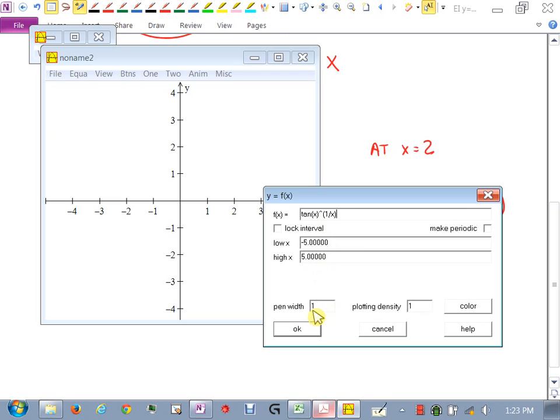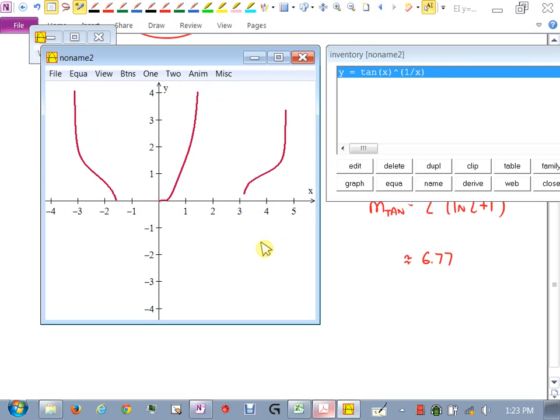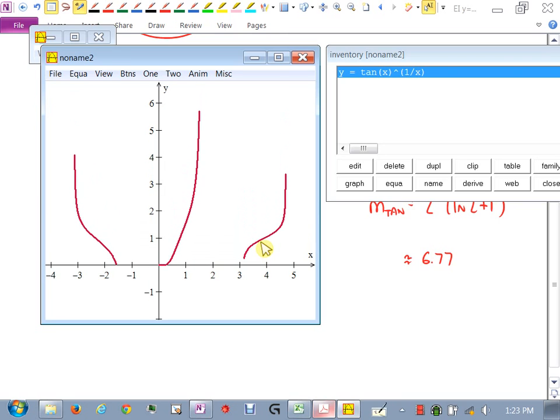This is probably going to be just a nutty looking thing. So this is a function. It's tangent of x raised to the 1 over x.